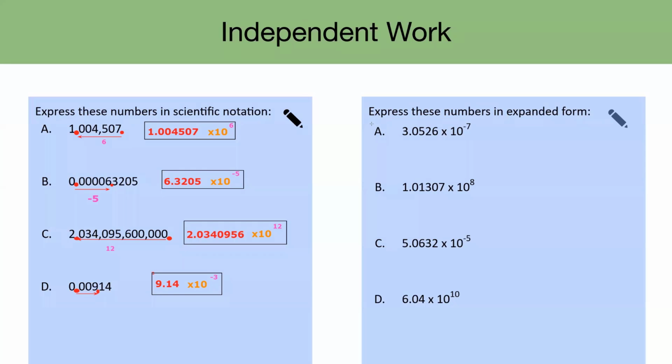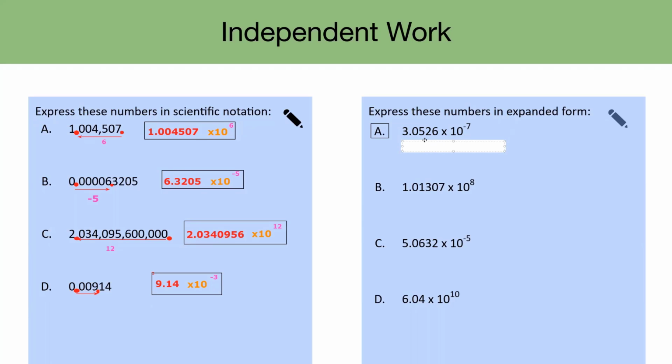We're going to start with letter A right here. So let's first take a moment and take a look at this number, 3.0526. What I'm going to do is first type that number without any decimal place at all. Let me make sure that I'm going to do this with the right ink color.